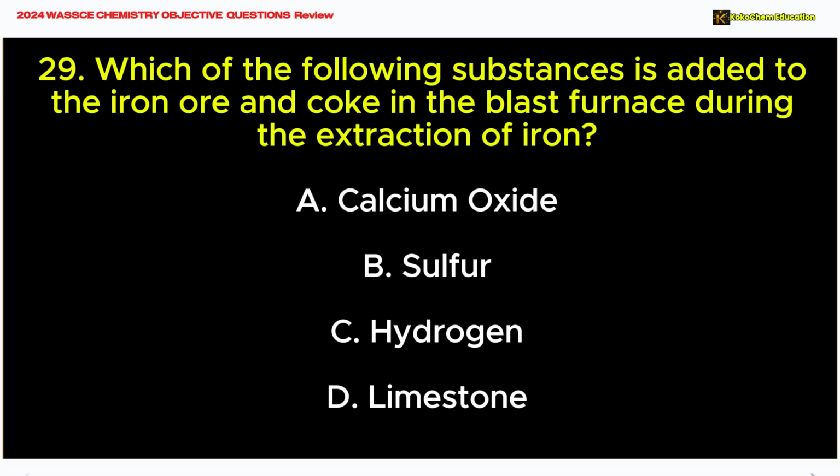D. Limestone. The correct answer is D. Limestone. Explanation: limestone, which is calcium carbonate, is added alongside iron ore, which is Fe2O3, and coke, which is carbon.